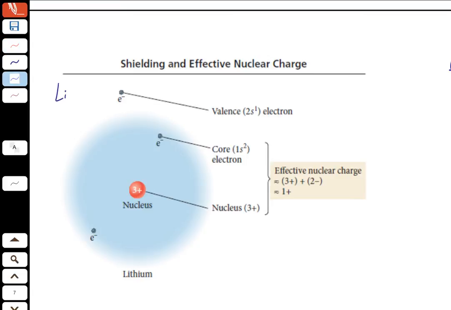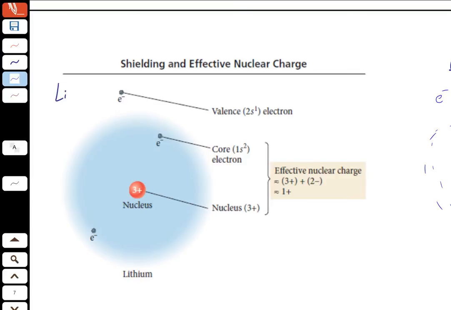We still have 2 1s electrons that are shielding. The valence electrons, there's 2 of them now instead of 1, but they're in the same shell, so they're not really shielding each other. So the effective nuclear charge for those valence electrons in beryllium is going to be higher. It's going to be +2 instead of +1.